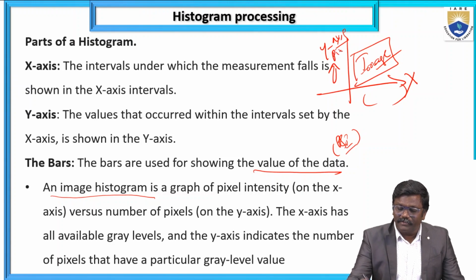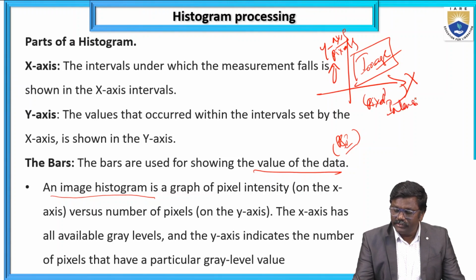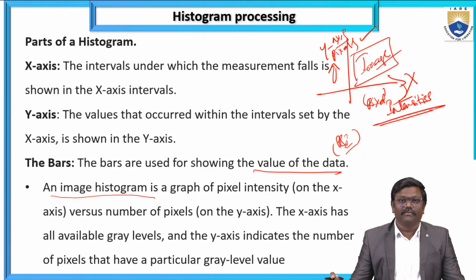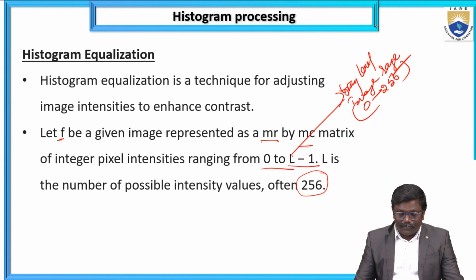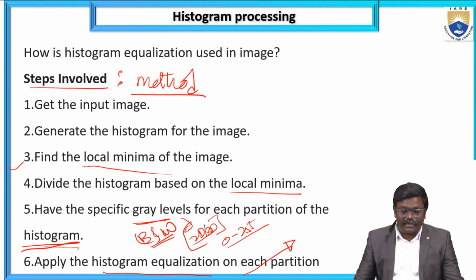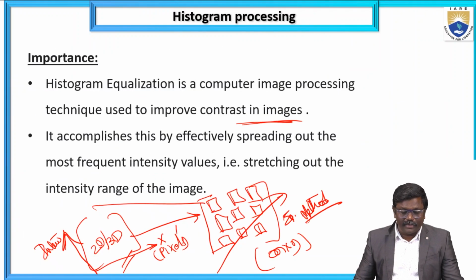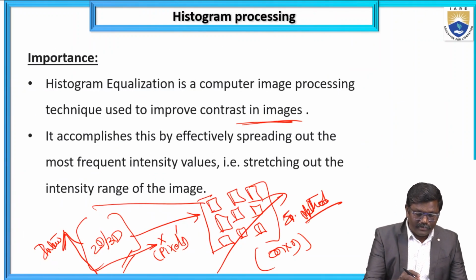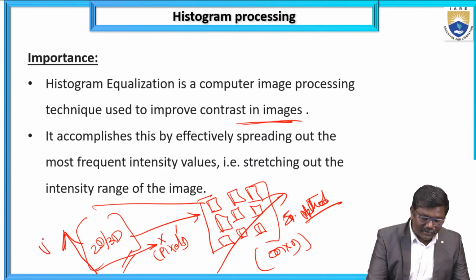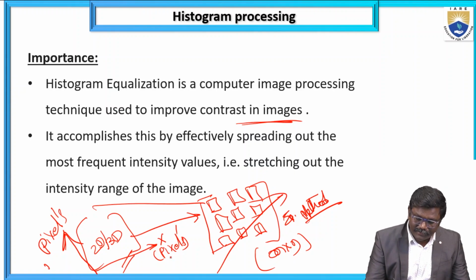Here pixel intensity is shown, and here the number of pixels is shown. It is the relationship of these two values that we keep here.